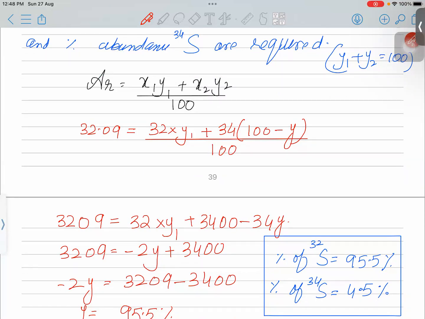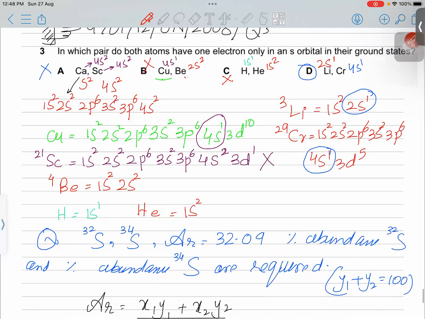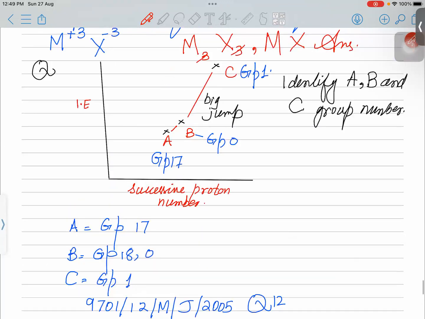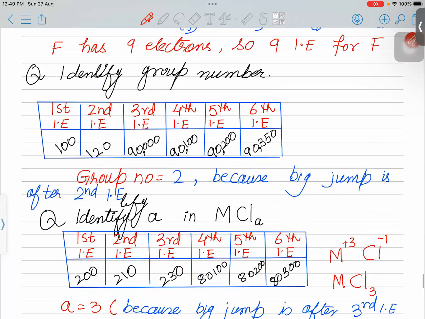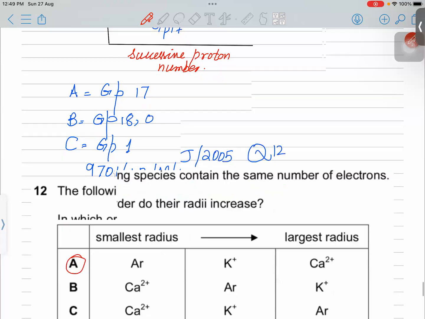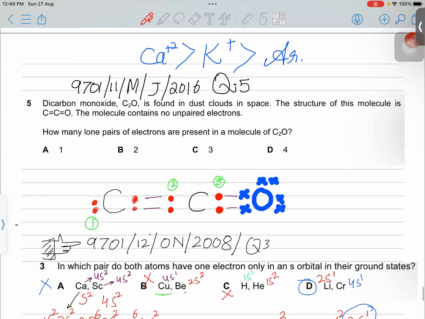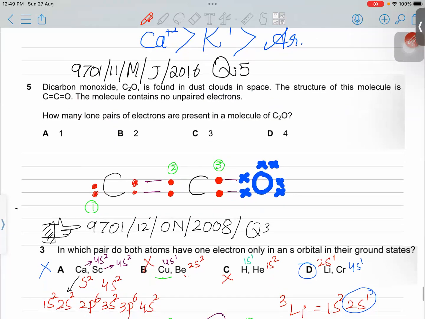Okay, so we are on the topic of ionization energy and how to find it. And after finding the ionization energy, we have moved to AR. This is a few past paper questions.